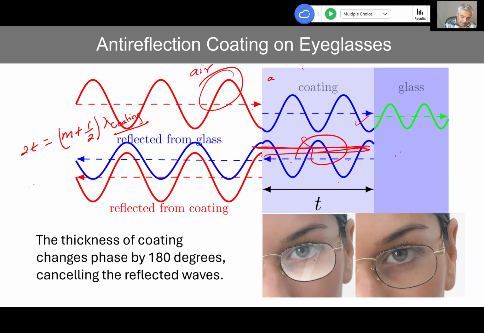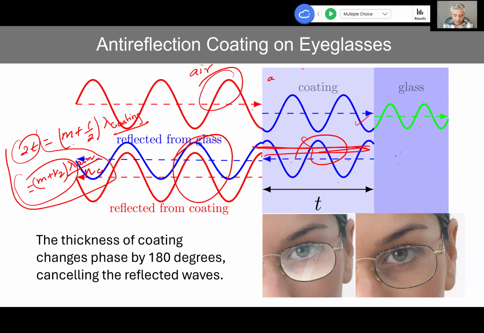So this can be written as m plus half lambda air divided by refractive index of coating. Okay, so that's how we need to write this equation, because we have to invert the phase. So that's why this equation becomes this.